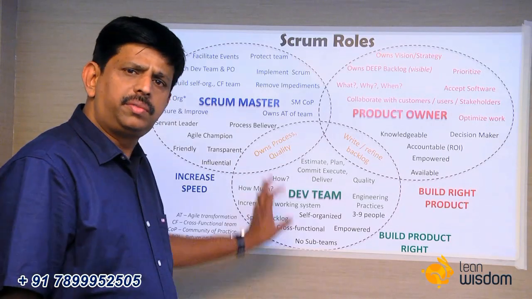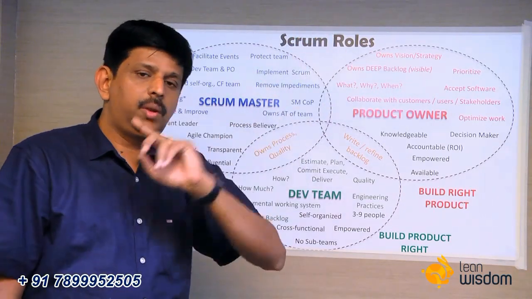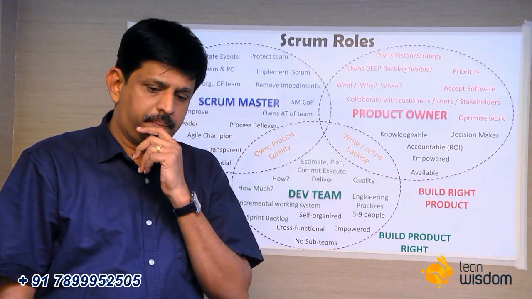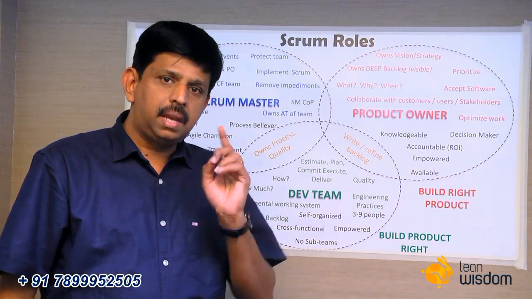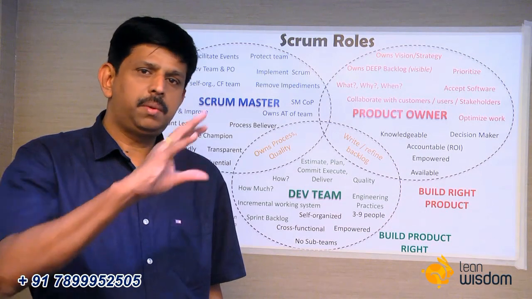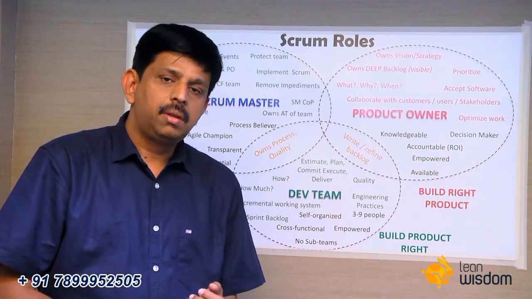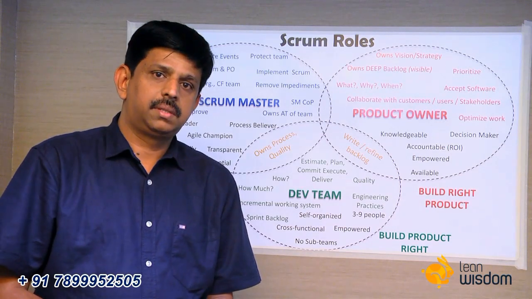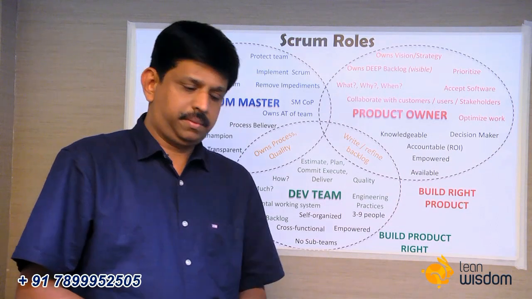Let's look at the fundamental roles of Scrum. If you look at it, scaling agile needs first agility. Scaling agile needs agile. What does it mean? If a team of 5 people is not following agile or Scrum, all they will write is 100 lines of bad code or 200 lines of bad code in a sprint.